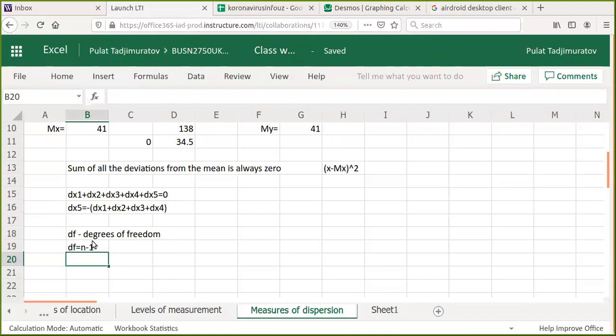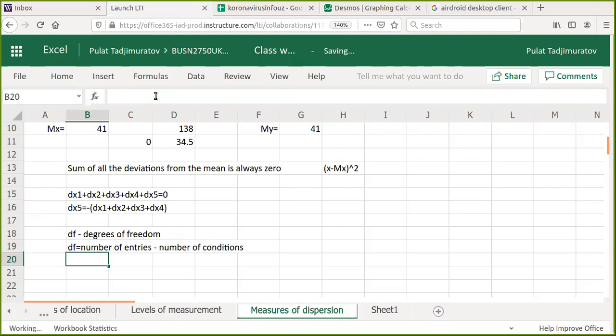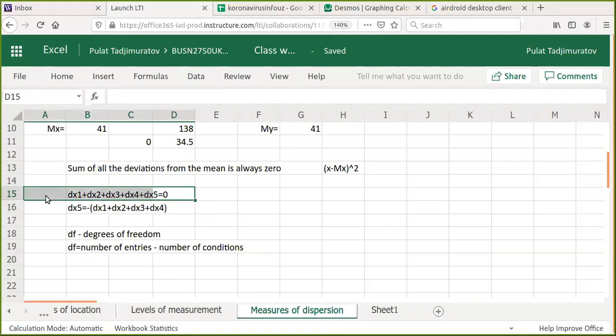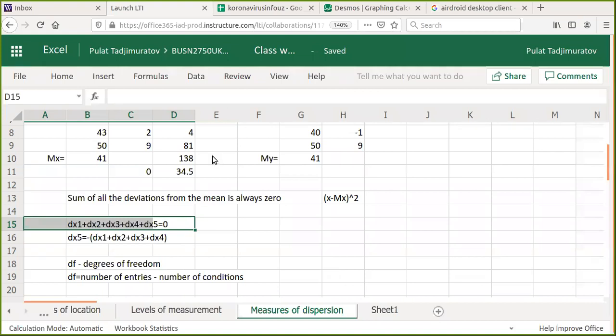So the general formula or general rule will be like this: number of entries minus number of conditions. And here we have only one condition, this one. The sum should be 0. So the number of entries is 5, the number of conditions is 1. That's why 5 minus 1 here.